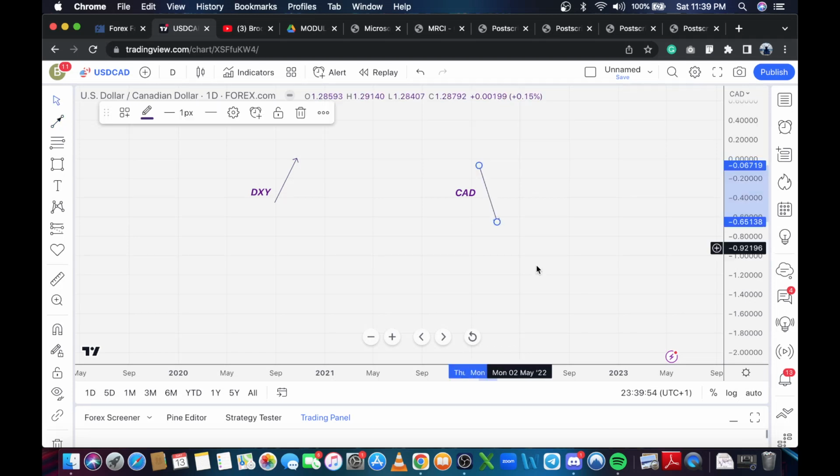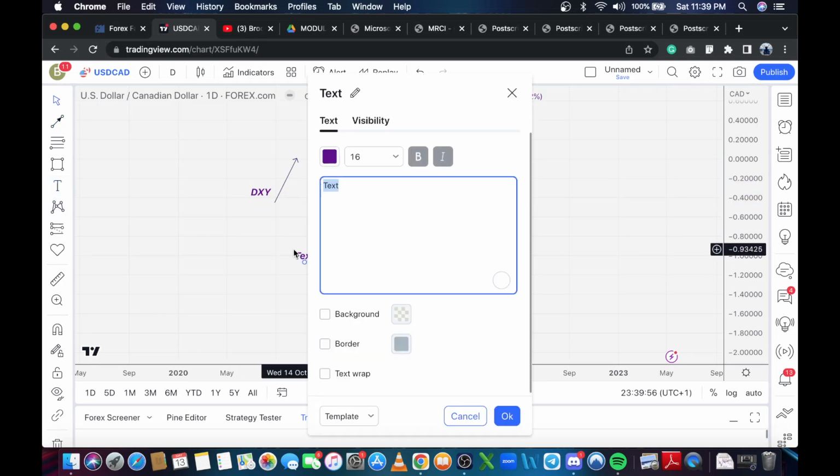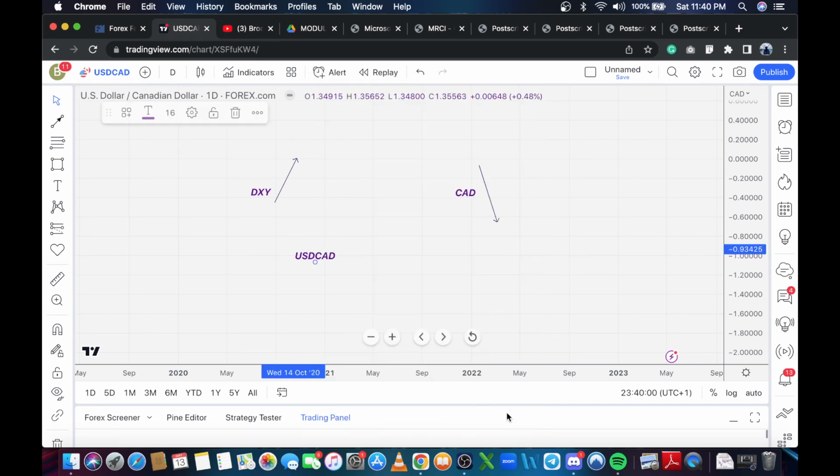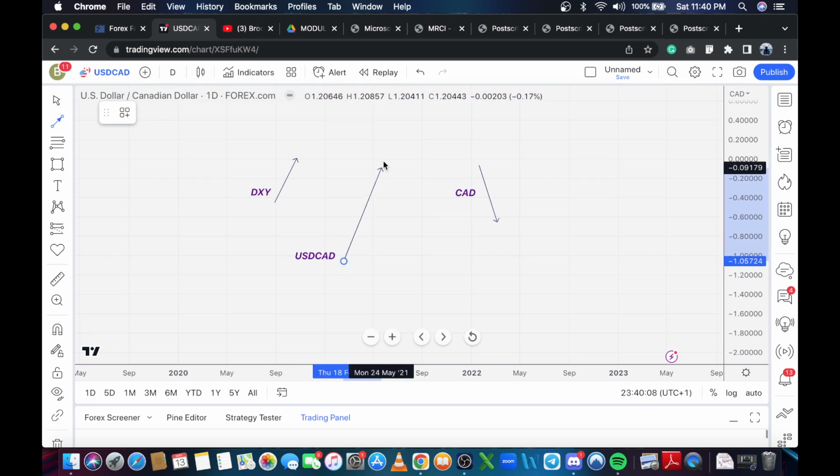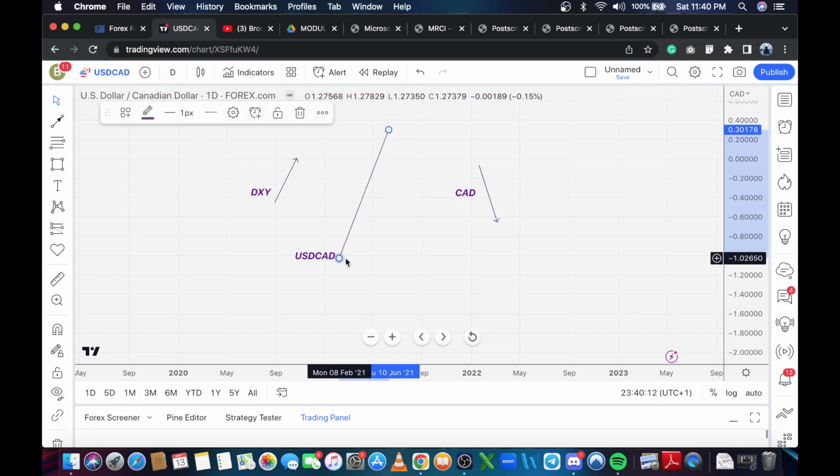That would mean that USD CAD should see extreme bullishness, because we have USD being the base currency, extremely bullish, and the Canadian dollar being the quote currency, extremely bearish. So that will create a very one-sided condition. Okay, and this usually leads to what I call mega trades, but that's for a later topic.